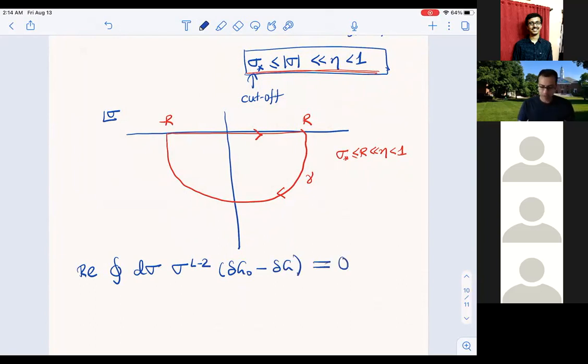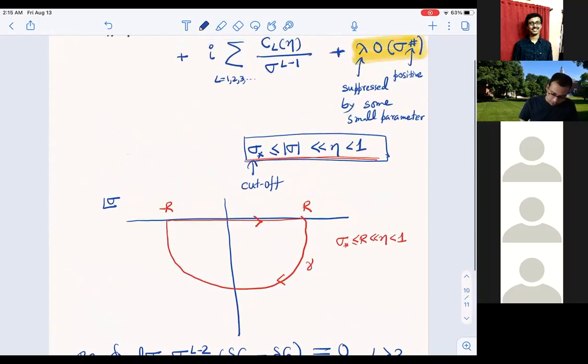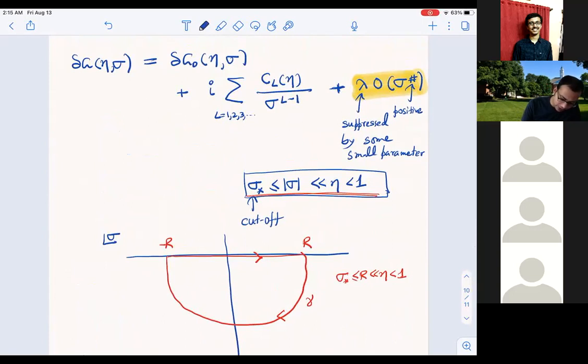And obviously this is 0 because of the analyticity condition, for any integer L greater than 2. Oh, I actually forgot to mention one thing. In this expansion over here, it's very easy to show that all the odd coefficients should be exactly 0. This follows from the fact that all the CFT correlators obey some standard consistency condition.